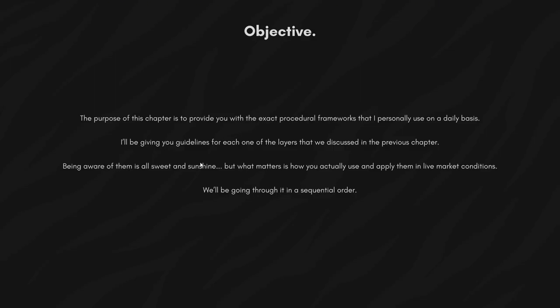Okay, and I'm going to make sure that I operationalize those layers into something that you can actually use every morning to perform your analysis before you trade, and something that you can reflect on after every single trading session so that you could properly journal it.